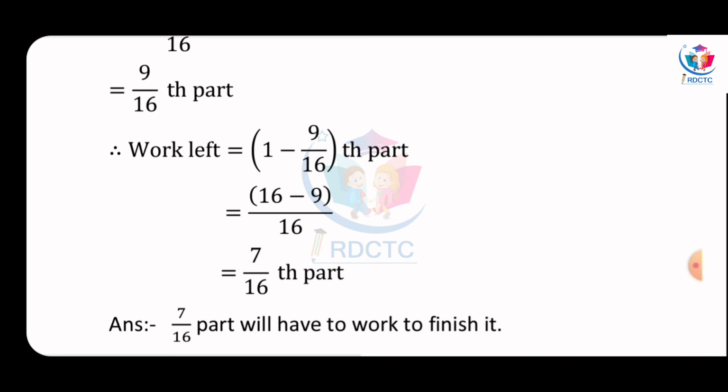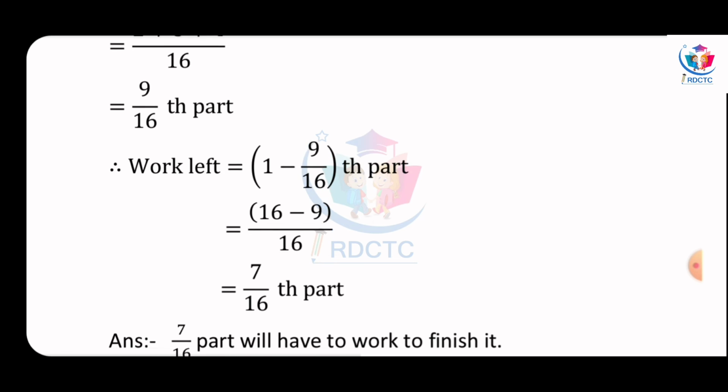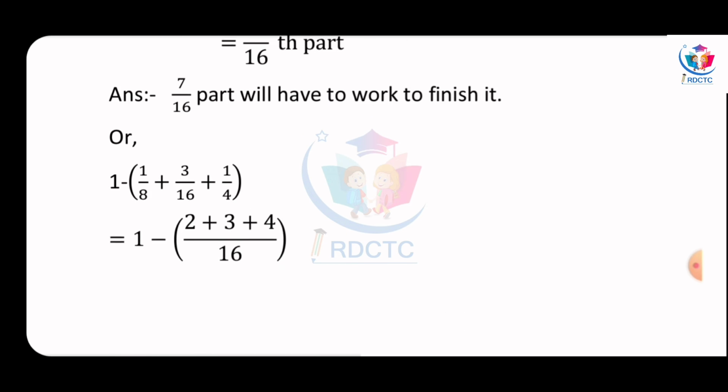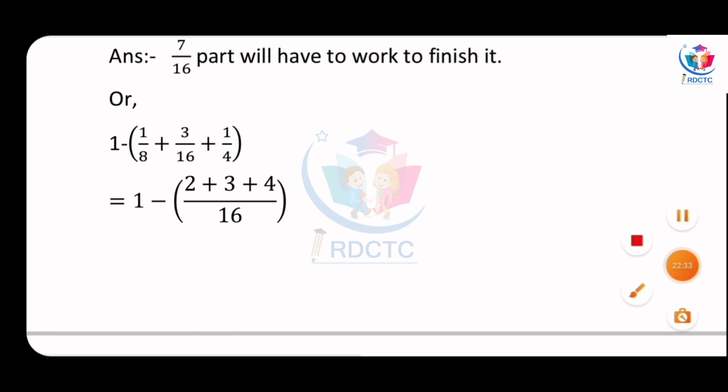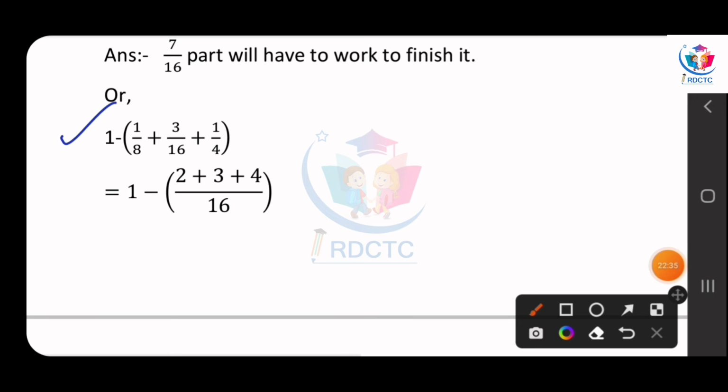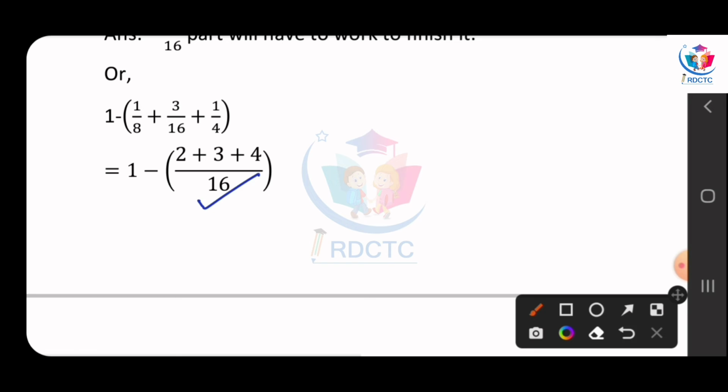When I arrange the math in the simplification form, it will look like 1 minus 1 by 8 plus 3 by 16 plus 1 by 4. First we write the LCM here, then we divide the LCM by the given denominators and then we multiply with the numbers. Okay, and then we get 1 minus 2 plus 3 plus 4 by 16.